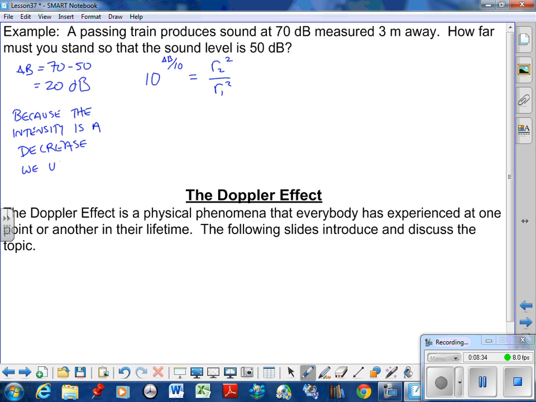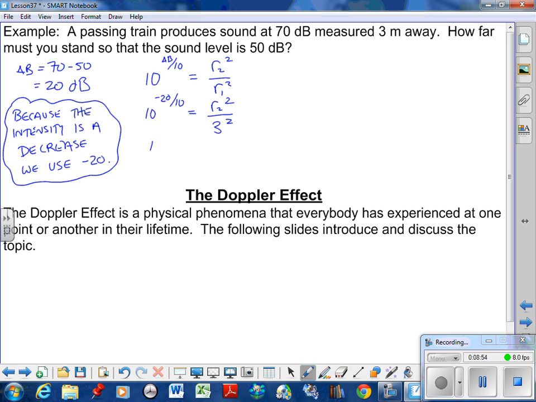All right, because it's a decrease in intensity. Okay, now you're going to figure this out because if the number comes out backwards, you know you used the wrong positive or negative number. So R2 squared equals, and over 3 squared.